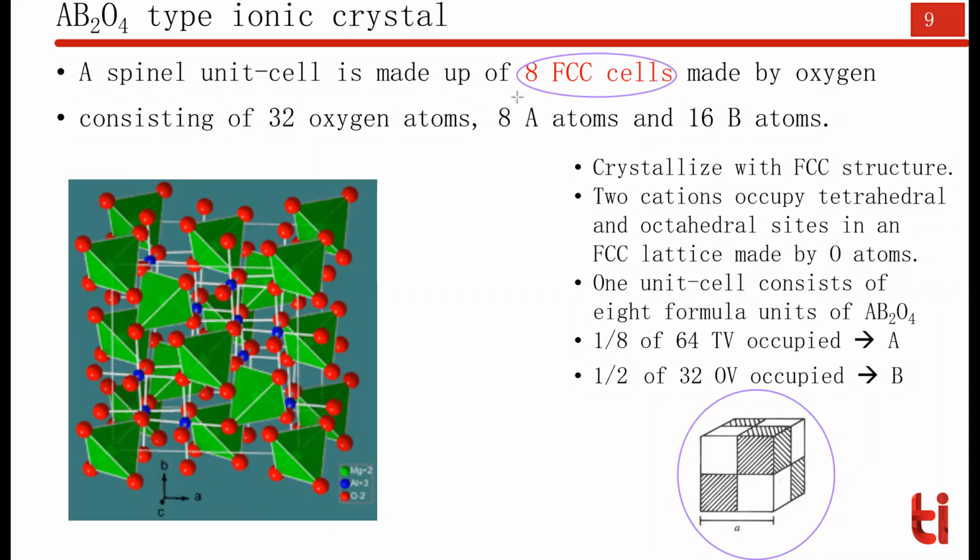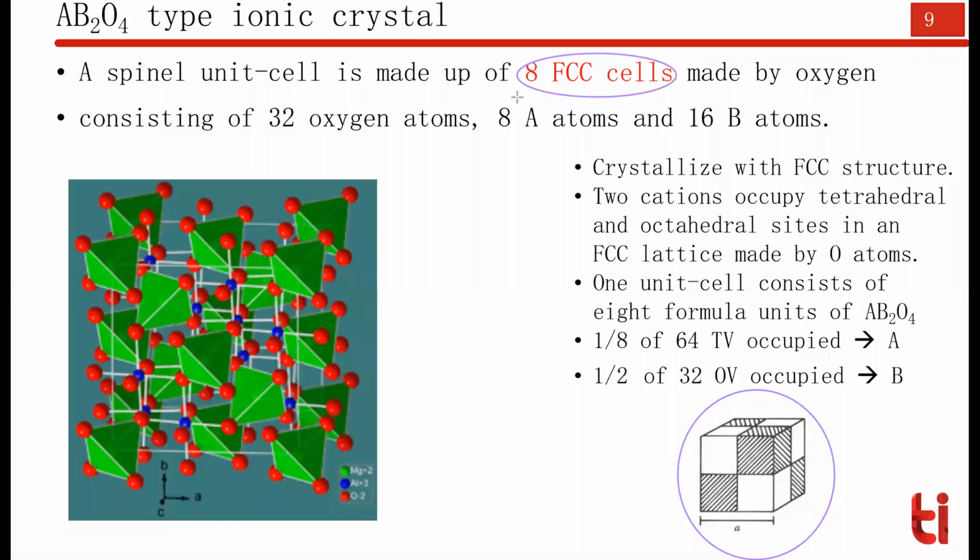So if I take the ratio of A to B to oxygen, then it will be 1 is to 2 is to 4, right? You have to remember this. In the spinel, the ratio of A side to the B side to the oxygen side is always 1 is to 2 is to 4. Now, if I ask you that if I have 1 FCC unit cell, how many atoms will be there in an FCC unit cell?